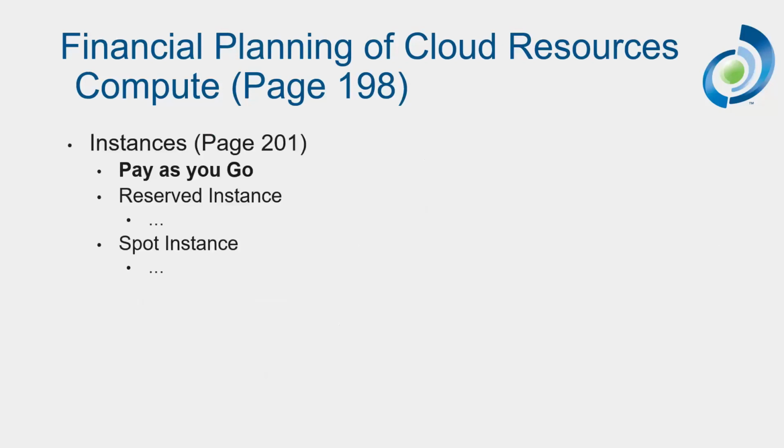This is where you pay up front for a 1 year or 3 year commitment, and you pay all upfront, partial upfront, or no upfront, and you can save up to about 72% of the cost of your instance if you make a 1 or 3 year commitment to the service provider. Then we have spot instances.